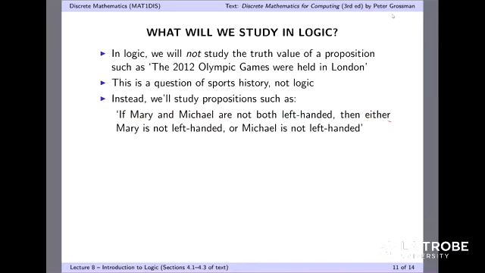If you modify that statement by putting an or there, then you have to draw conclusions from the first statement. That is the kind of thing that we'll be doing.